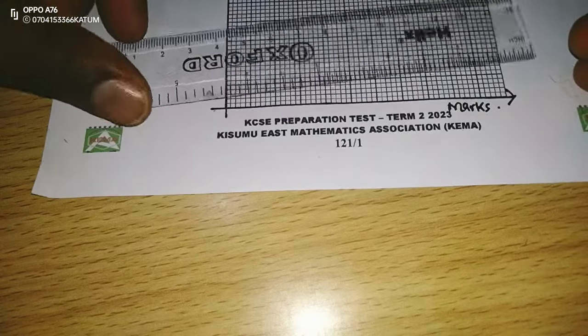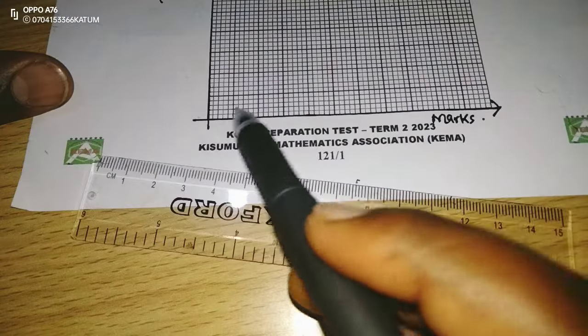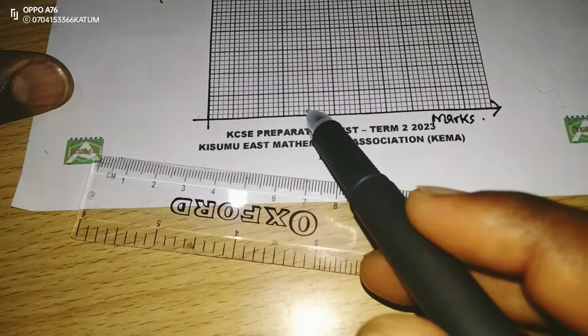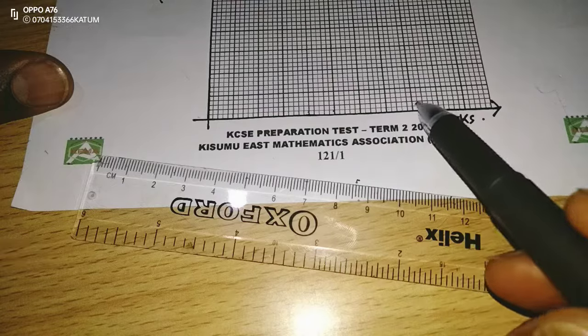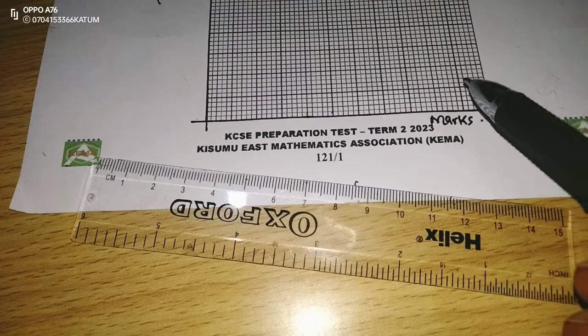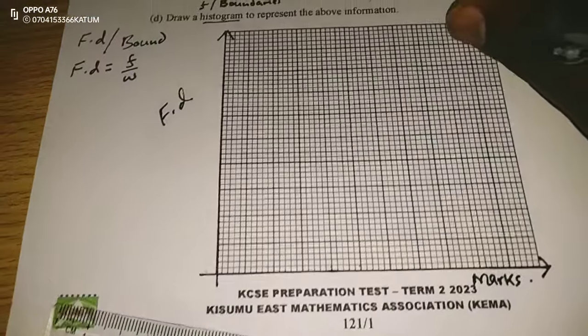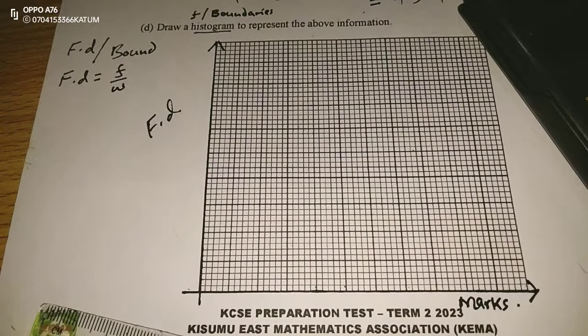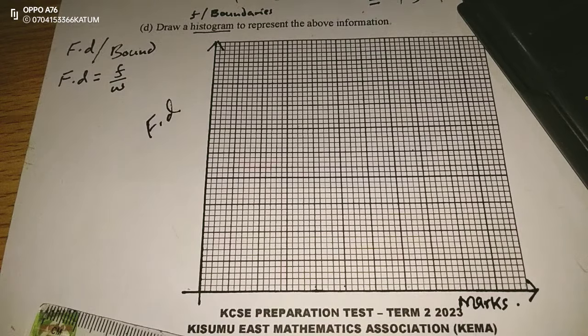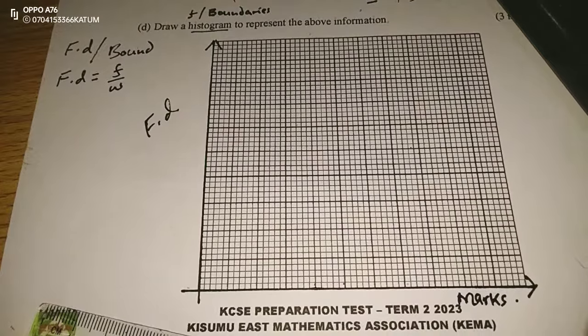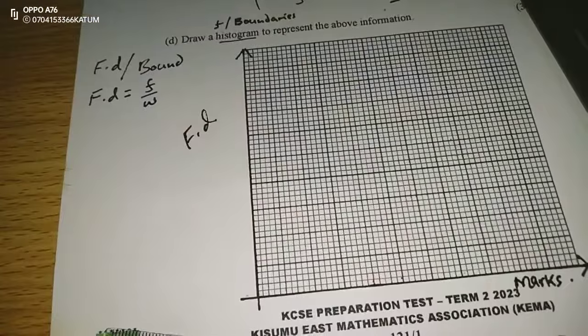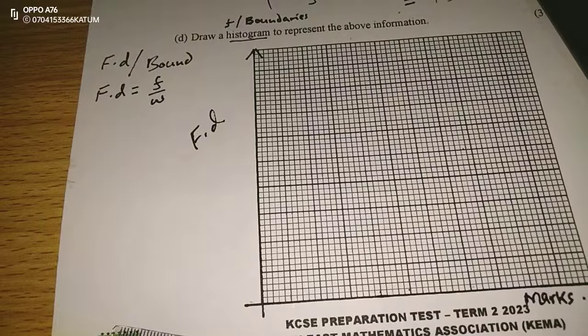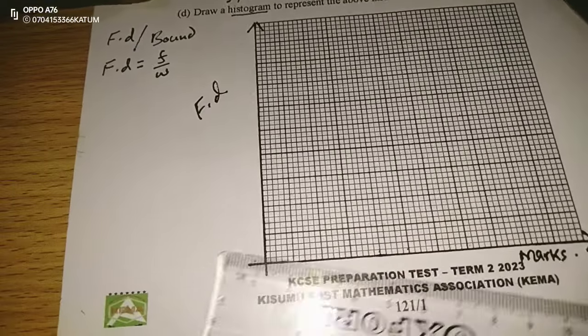Now I have 1, 2, 3, 4, 5, 6, 7, 8, 9, 10, or even 11. And the marks are running all the way from 5 to 95. Therefore, I can use intervals of 5, so that I may accommodate all the data.